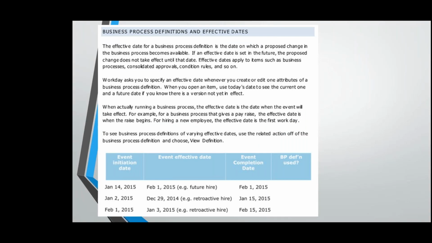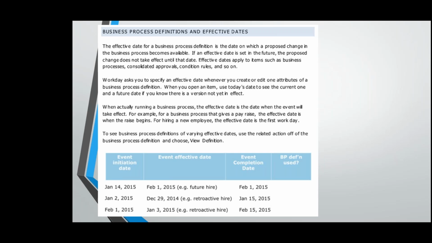Okay, and then moving on, the last part is on the effective dates. When you create or modify a business process, it is really important that you set an effective date. In general, for testing, we put the effective date as today.